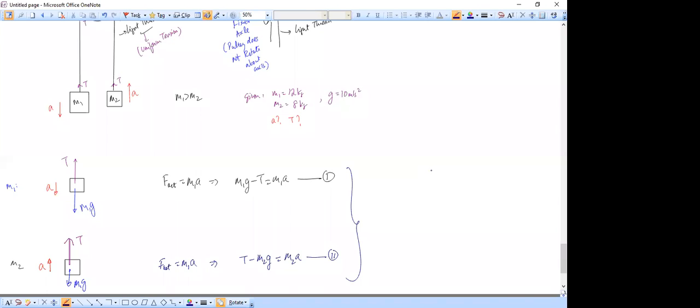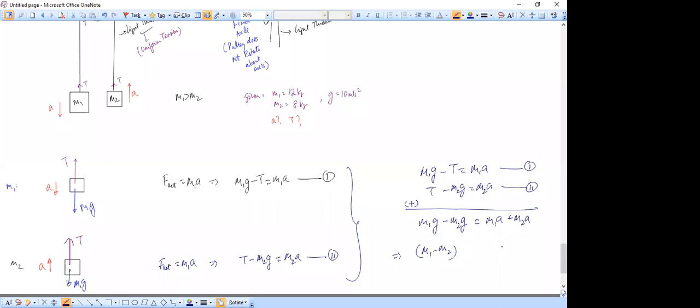So M1G minus T is equal to M1A, and T minus M2G is equal to M2A. It's a very simple situation. If you just add the two equations, your tension cancels out and you get M1G minus M2G on one side, and M1A plus M2A on the other. So (M1 minus M2)G becomes (M1 plus M2)A.